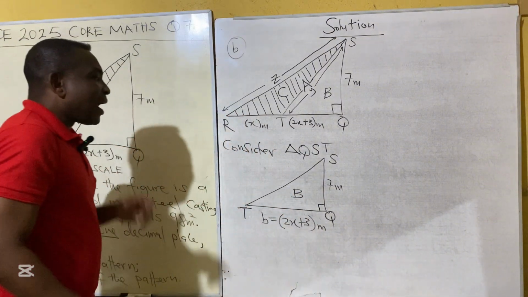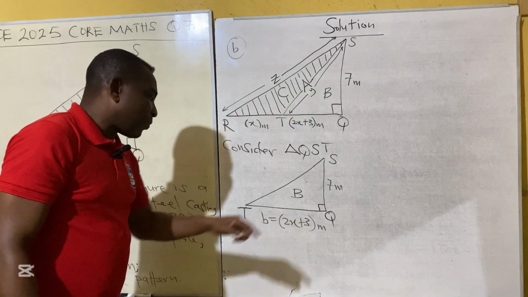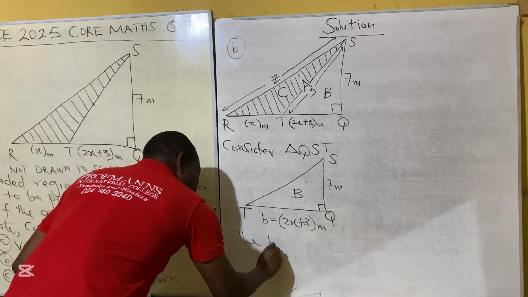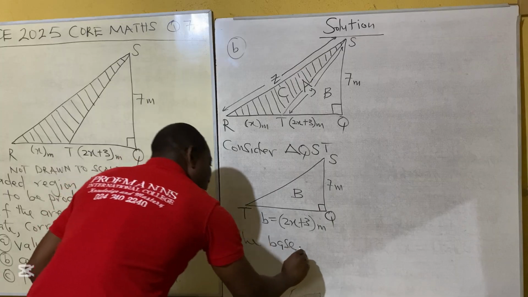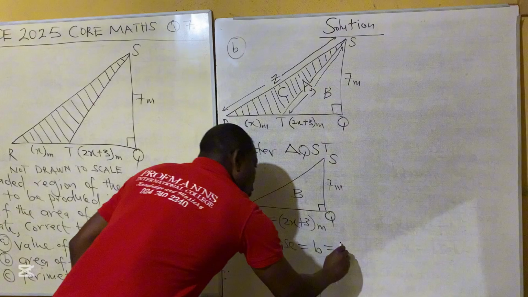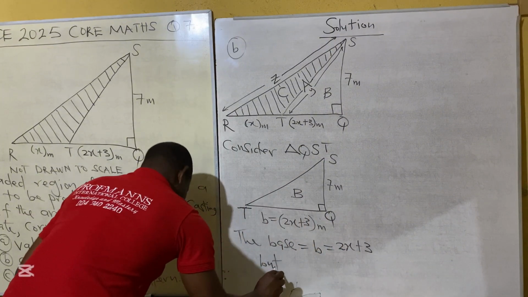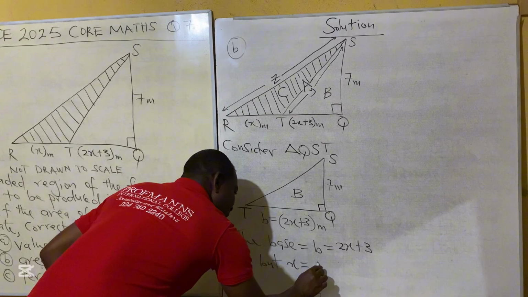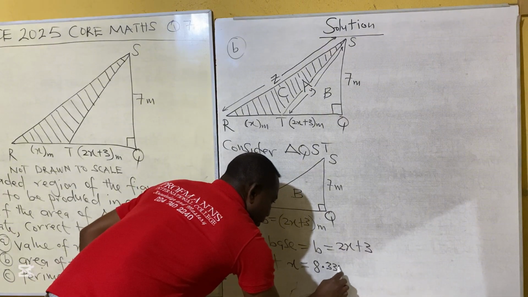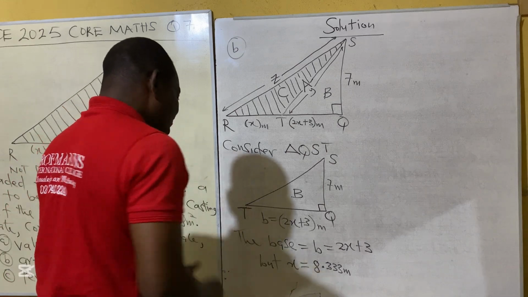This is the base. We have calculated the value of x to be 8.333 meters.